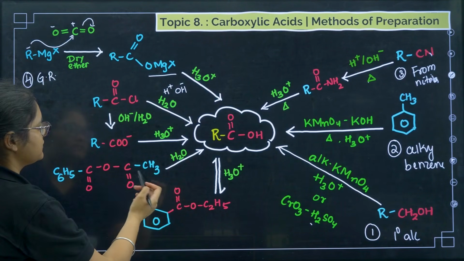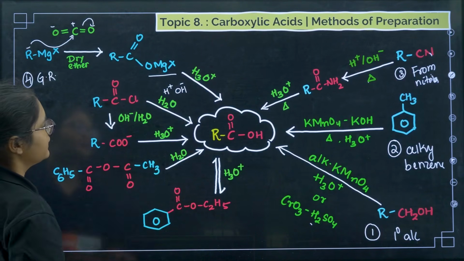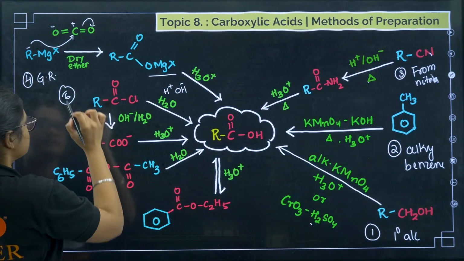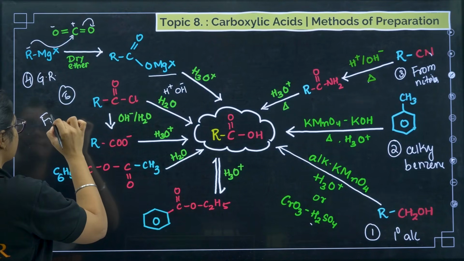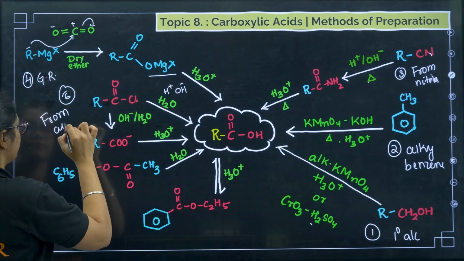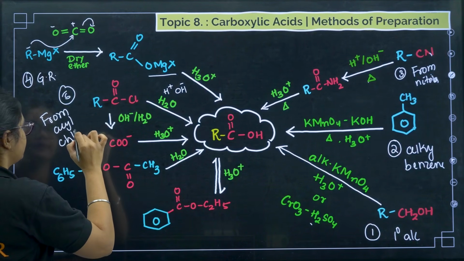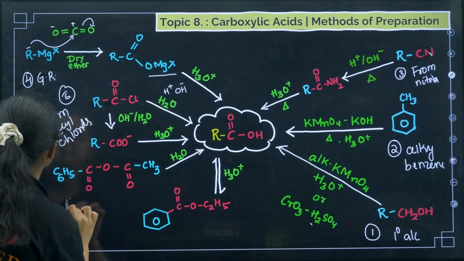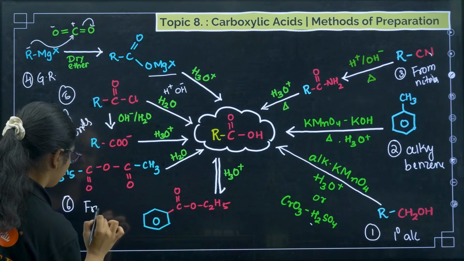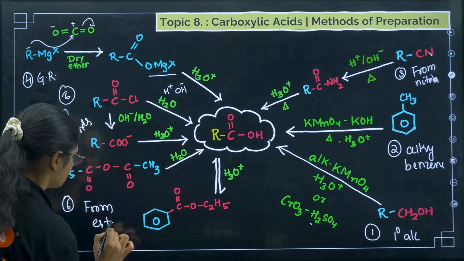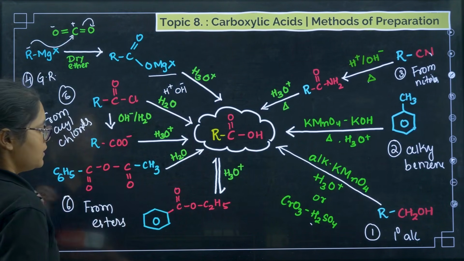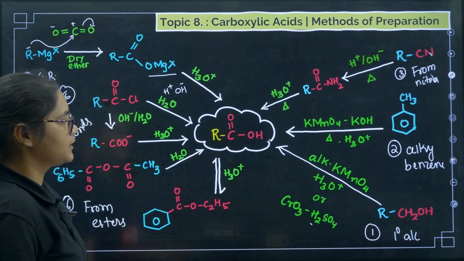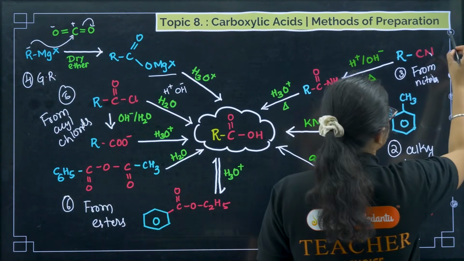Similarly with esters, if you do hydrolysis, you will get acids. So this is your fifth one, from acyl chlorides, using H2O, and the sixth one is from esters. With ester hydrolysis you can form acids. Clear? That is about the preparation.